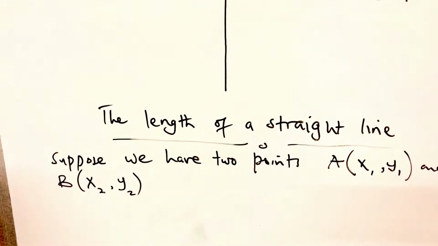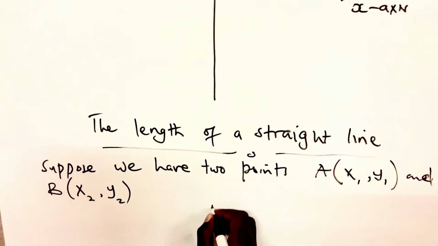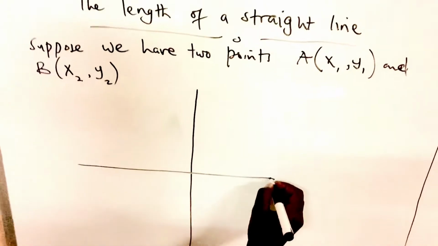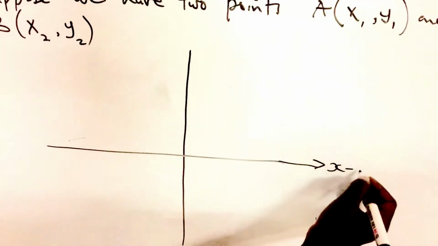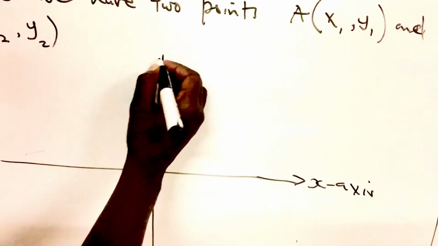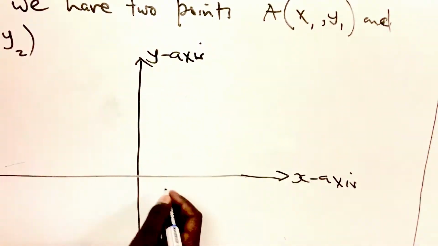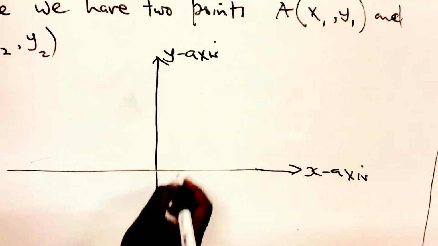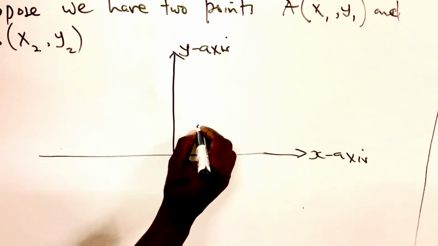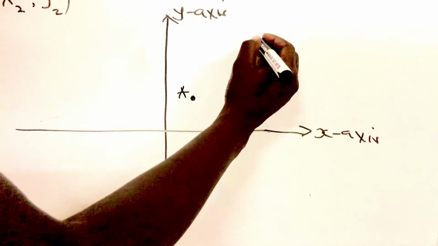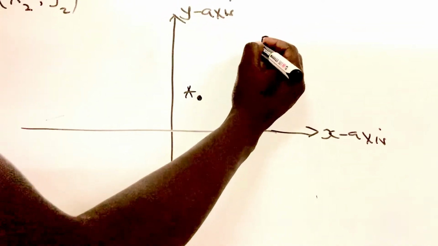Let's put this on a Cartesian plane and see. So this is our x-axis, and this is our y-axis. Let's take A to be this point, and our point B to be this point.